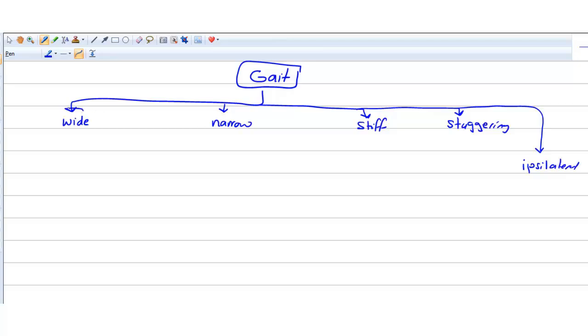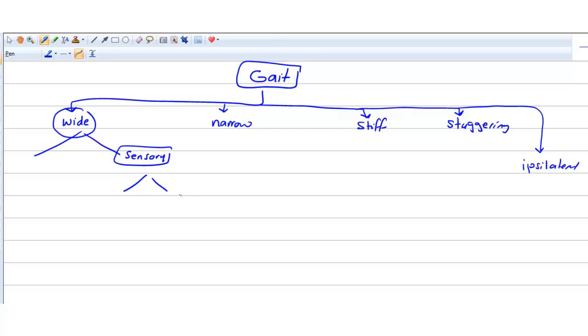Now wide gait, you have three differentials. So guys, by the way, wide gait means I'm talking about a sensory problem. So usually it's sensory ataxia. So wide gait you can differentiate it as sensory ataxia, and sensory ataxia you have two differentials.